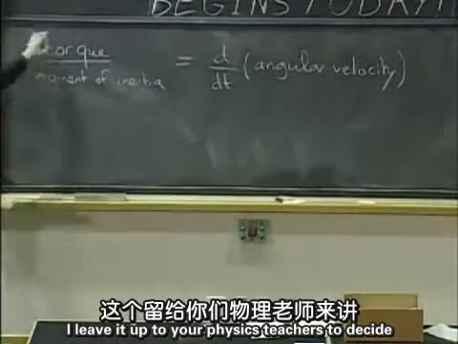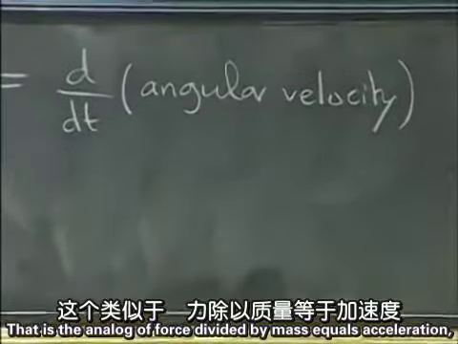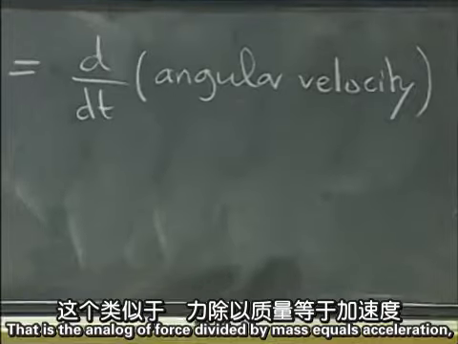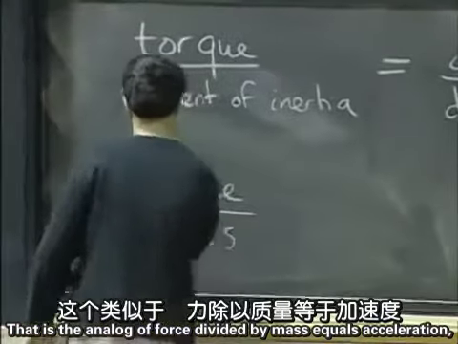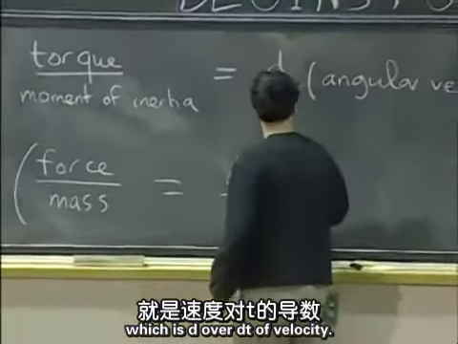I leave it up to your physics teachers to decide what letters to use for all these things. That's the analog of force divided by mass equals acceleration, which is d/dt of velocity.